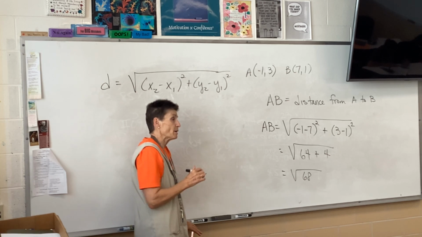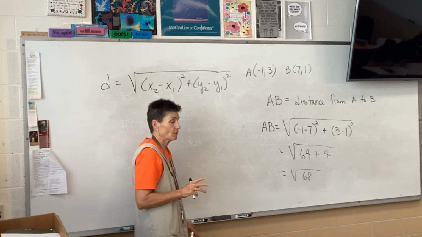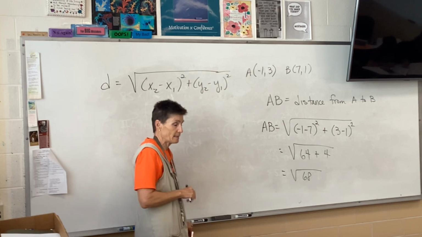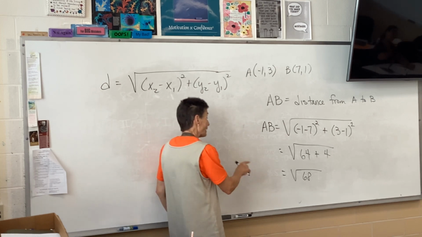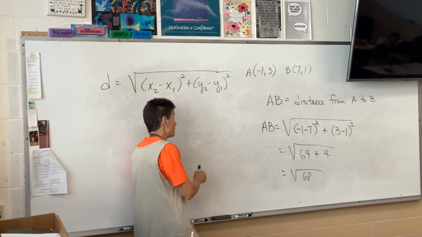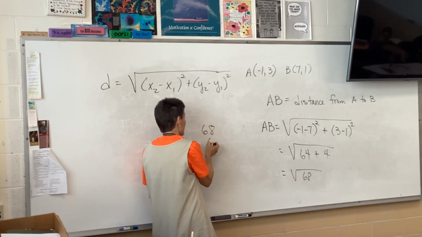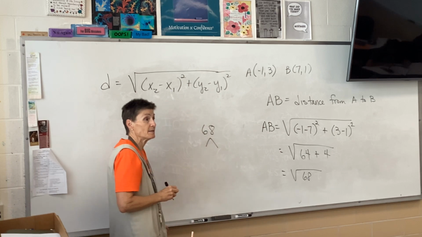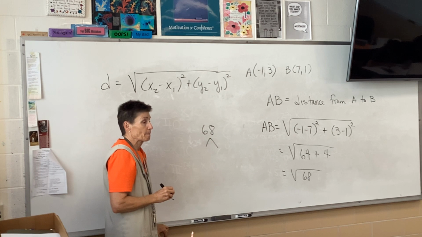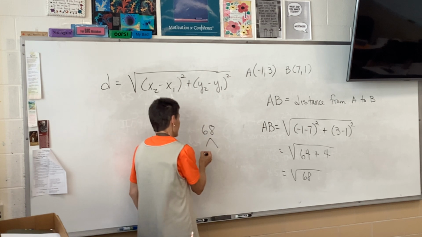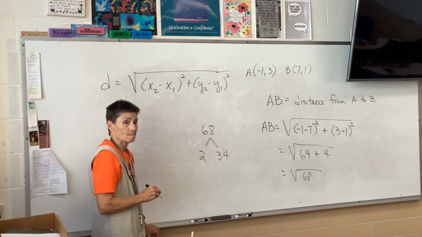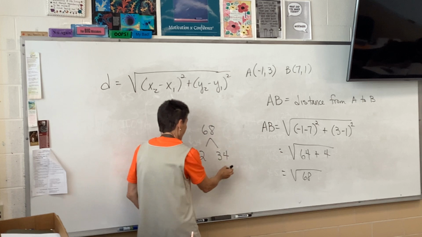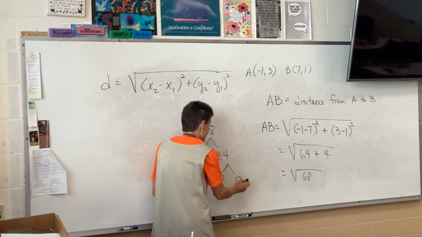Now, we are not going to type that in our calculator and get whatever decimal, 8 point blah, blah, blah. We're not doing that. But if our radical breaks down, we do need to break it down. So let's see if 68 breaks down. Well, 2 times 34, and 34 is 2 times 17.